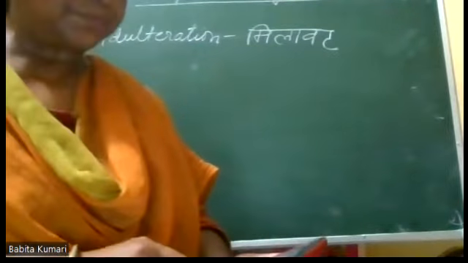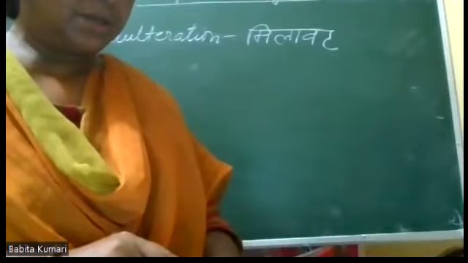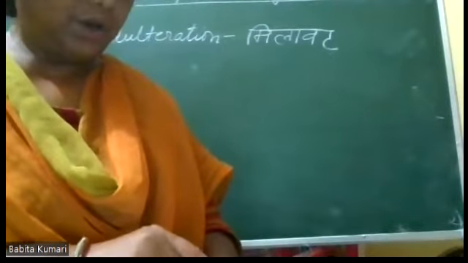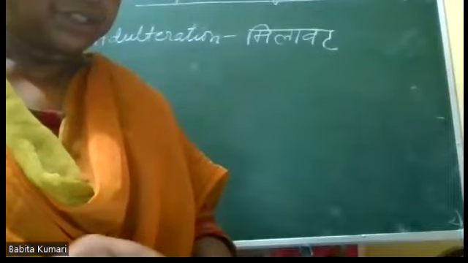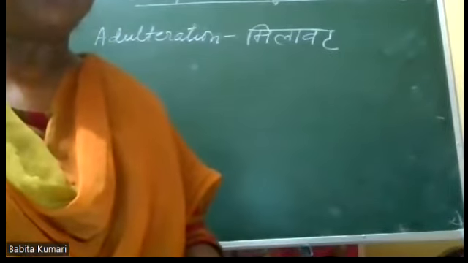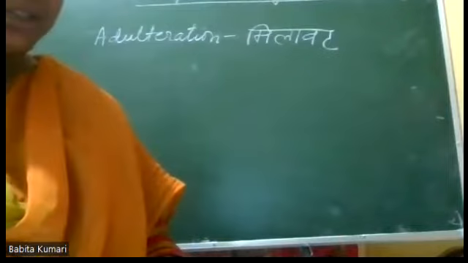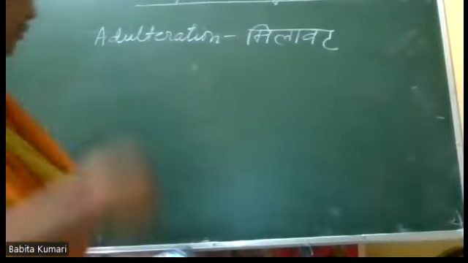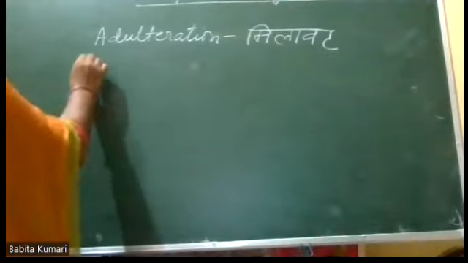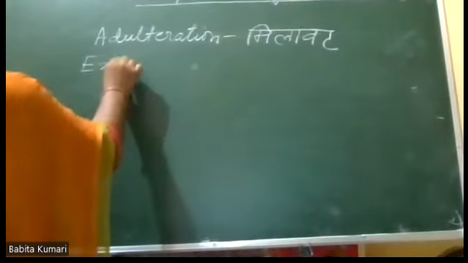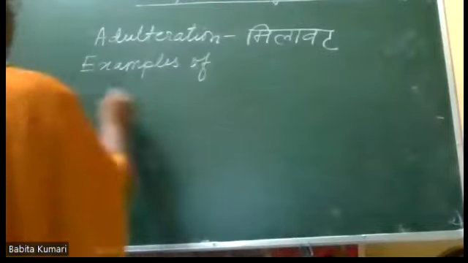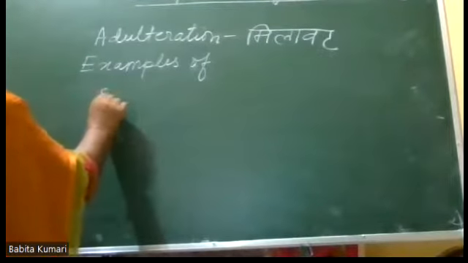Next we will see separating the components. There are different types of mixtures, like mixture of solid with solid. Can you give an example of a mixture of solid in solid? Solid mixture का example बोलो. Ma'am, soil.